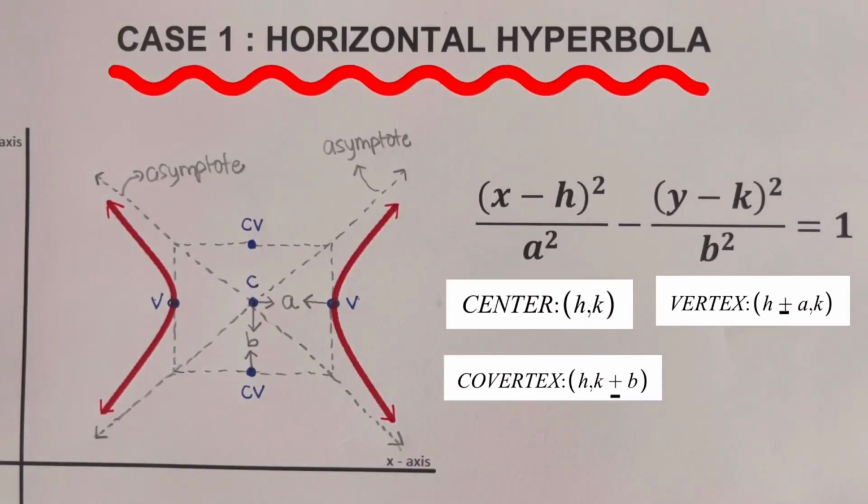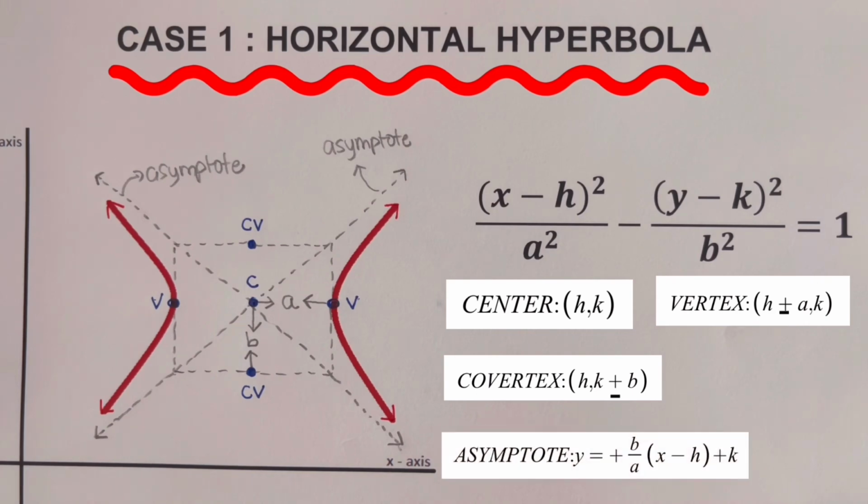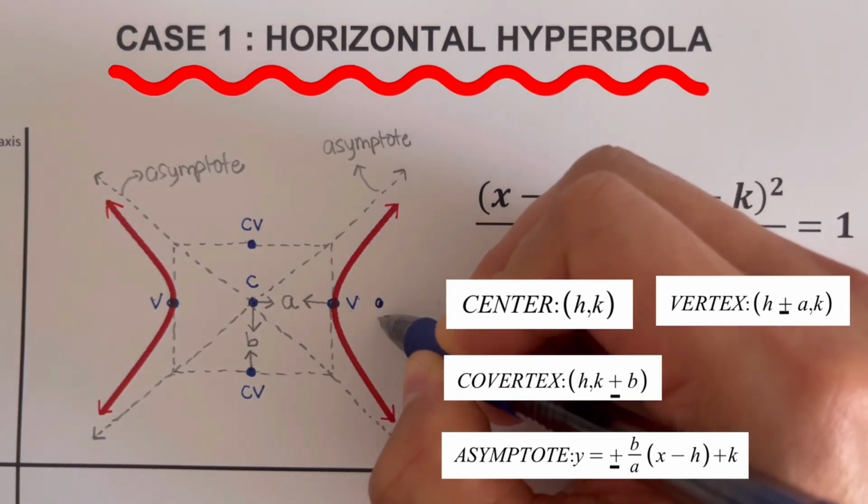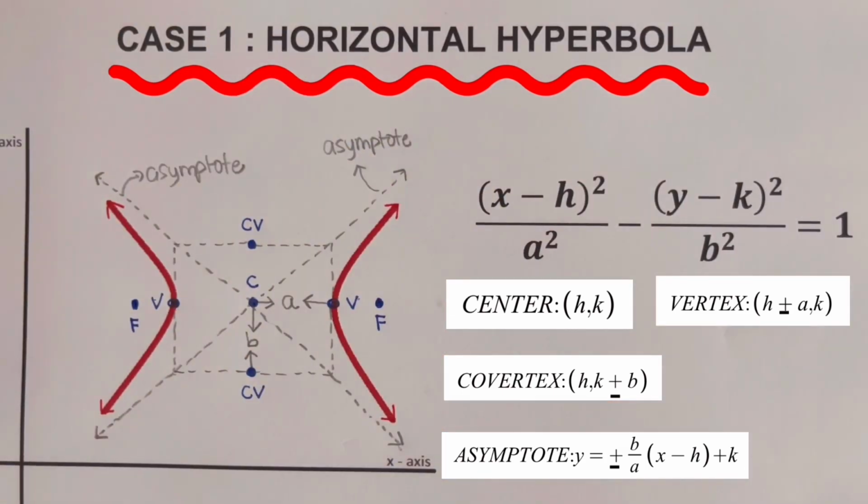The equation of these two asymptotes would be y equals plus or minus b over a times the quantity x minus h, plus k. We also have the foci. The coordinates of these two foci would be (h plus or minus c, k).